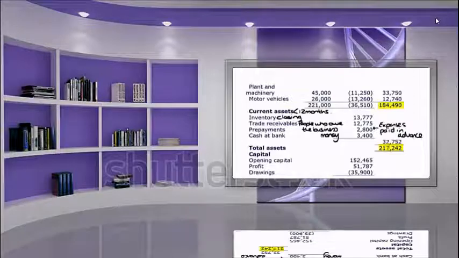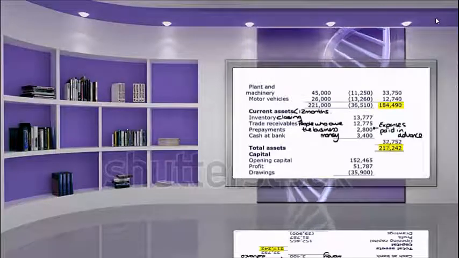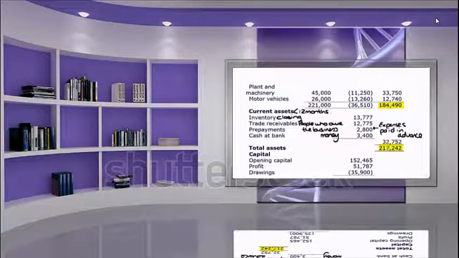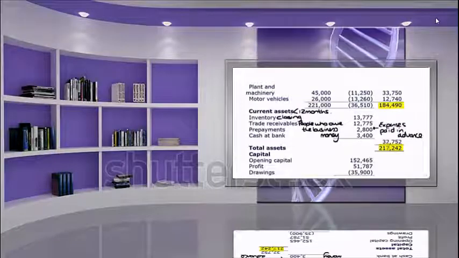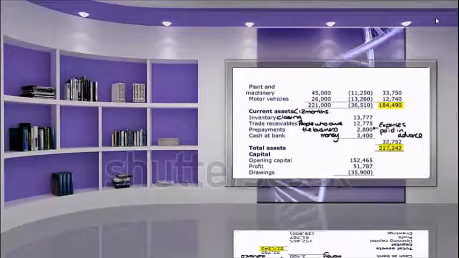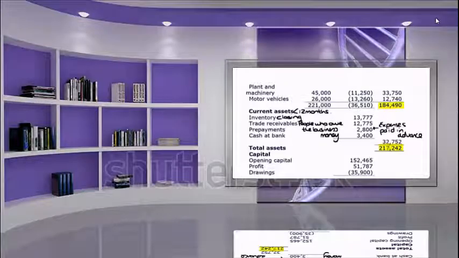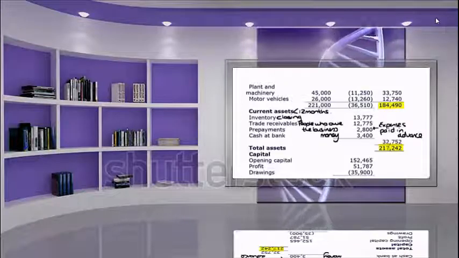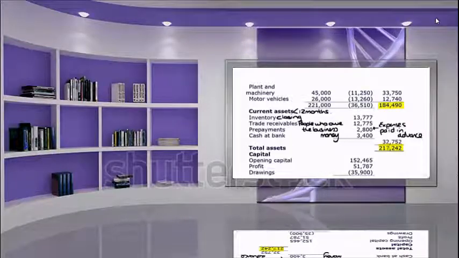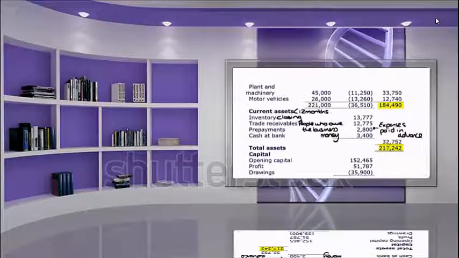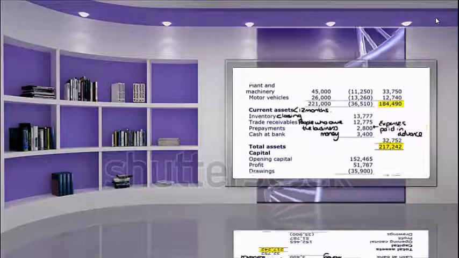Now, we've seen assets, we've seen a lot of examples of assets. Now we've got to focus on our other two elements of our statement of financial position, capital and liabilities. So, let's take a look at this then.